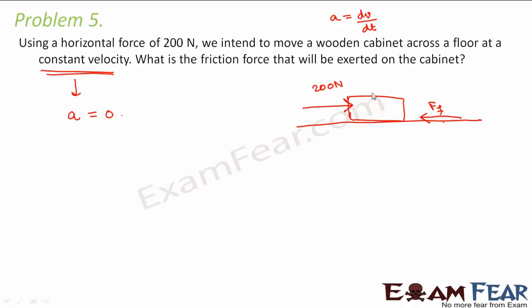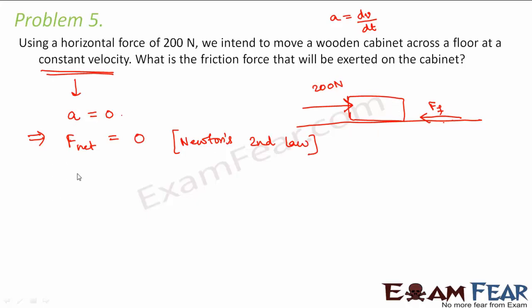Now this will move with uniform velocity only when acceleration is 0. Now acceleration 0 implies that the net force acting on this cabinet should be equal to 0 according to Newton's second law, because Newton's second law states that force is equal to mass into acceleration. So if acceleration is 0, the net force acting on this object should be equal to 0.